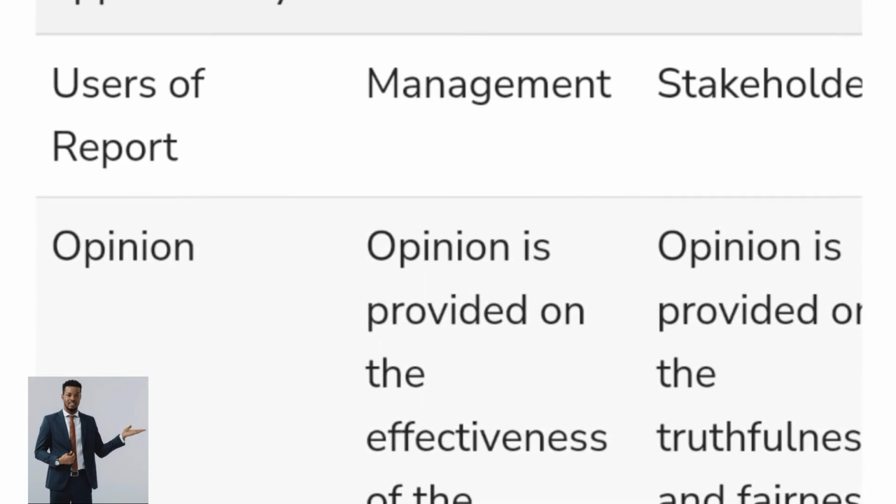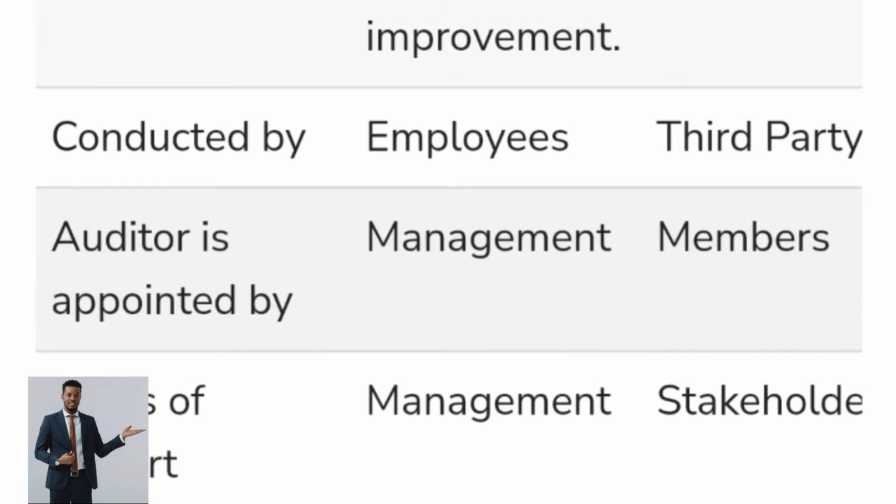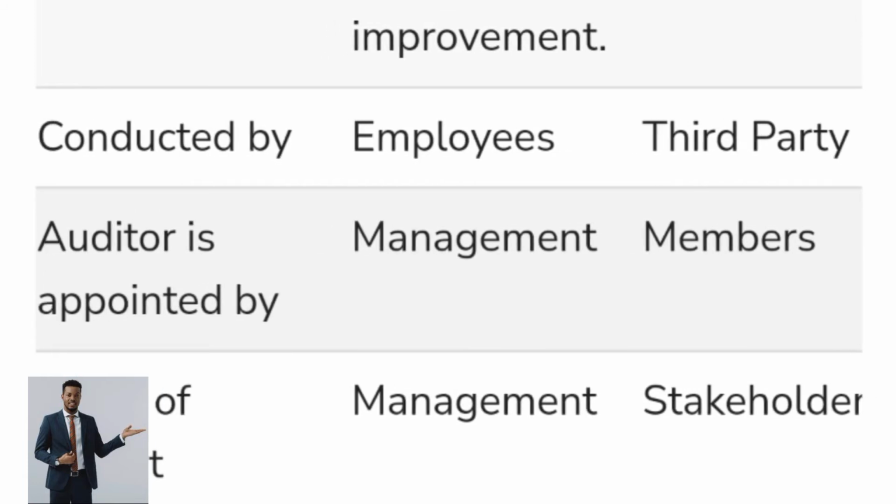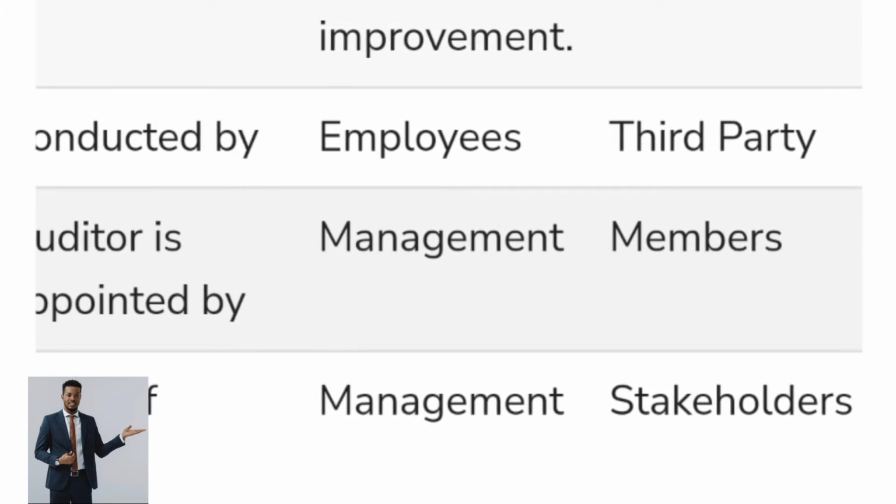Now, conducted by: as with the meaning earlier, the internal audit may be part of the organization, so the internal auditors may be employees of the company, and the external auditor is an independent body, therefore a third party.